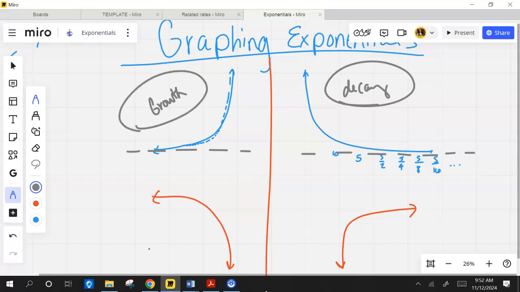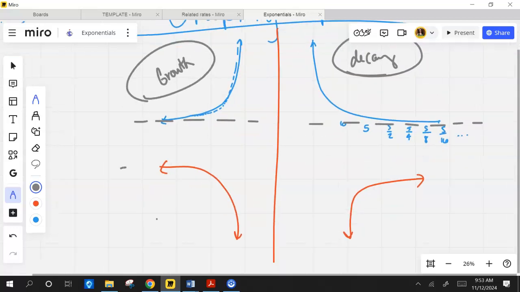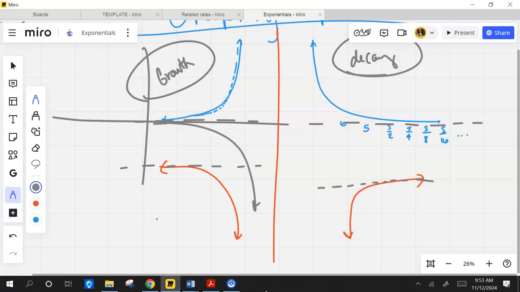Growth on the side. Yeah, but that one's going up. It's been reflected over the x-axis. So if this was my x and y axis and I reflected it over, it would look like that. What I'm trying to say is if you reflect the growth over the y-axis, it's the same thing as decay.